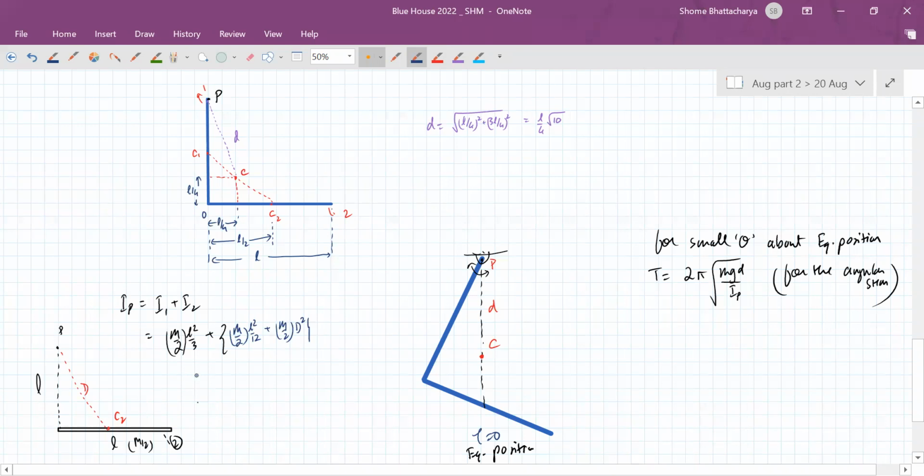With respect to the point P, it's actually rotating about this axis. So IP is equal to ICM plus MD square. Here that distance is capital D.